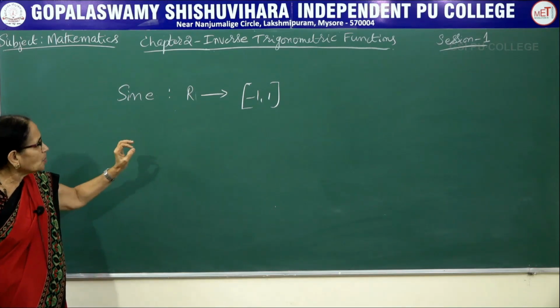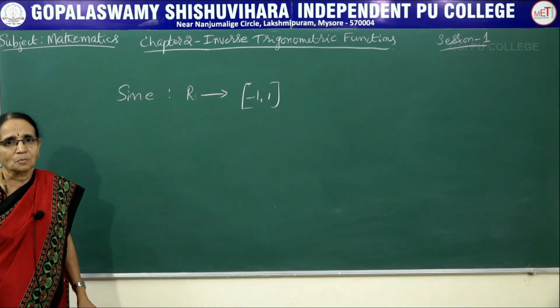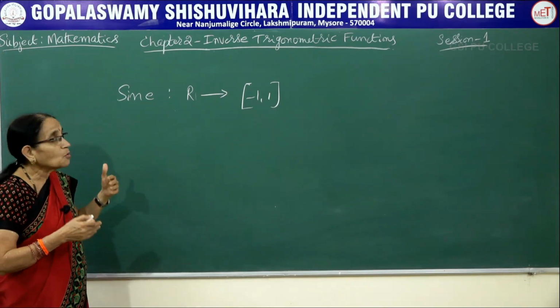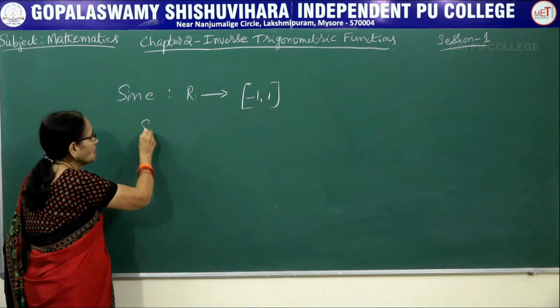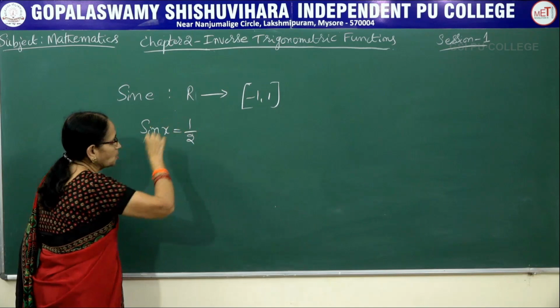Now, here suppose I take the whole of the domain, that is the set of real numbers. The function cannot be considered as a 1-1 function. For example, let me take a value sin x is equal to 1 by 2.